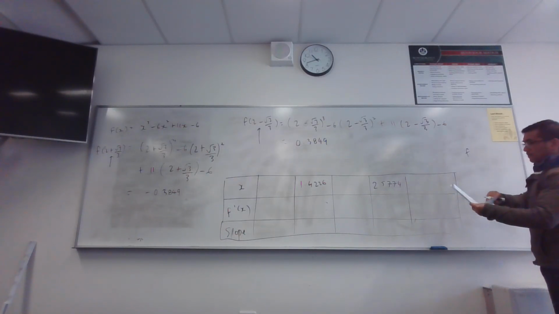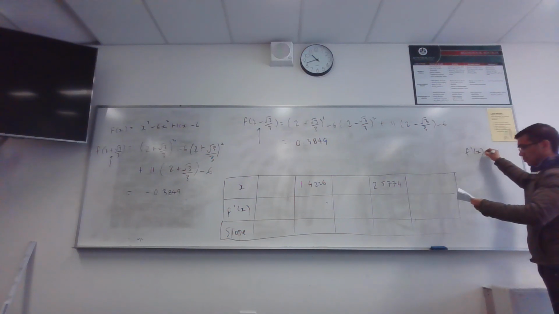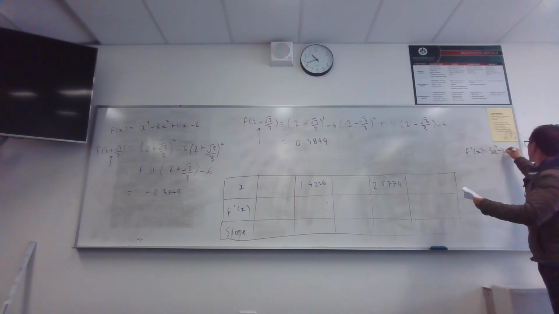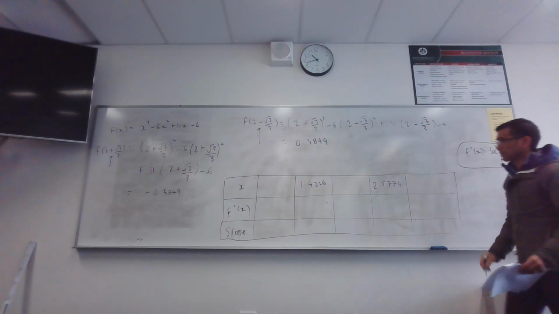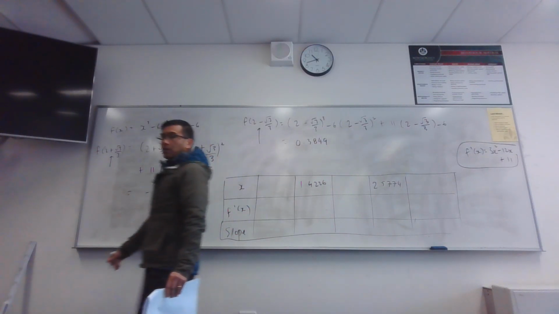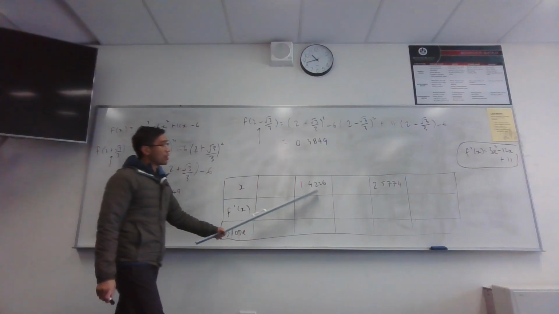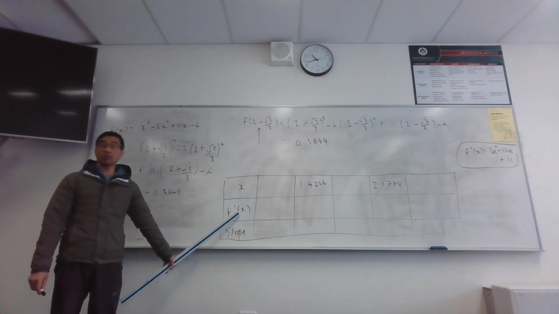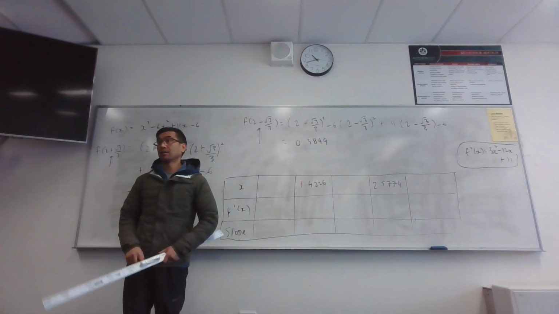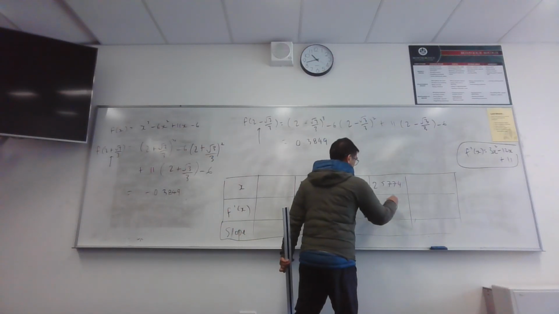So we still need this. Now, without cheating in a way, looking at the CAS, we know that 1.4 and 2.5, what's the gradient of these points here? 0. So they're big fat zeros.